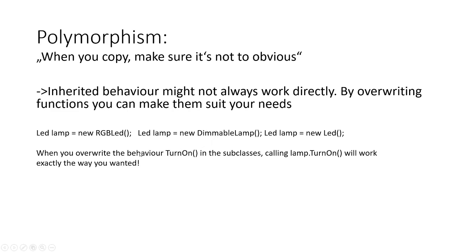So you rewrite or override the behavior in the subclasses that inherit from this LED, and when you then call lamp.turn on, no matter what specific class you set here, it will work exactly the way you wanted. And this is just the power of polymorphism and inheritance, so you can copy existing behavior out of a class and change it, basically.